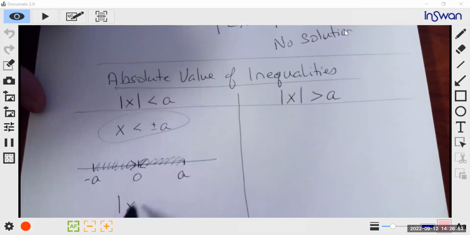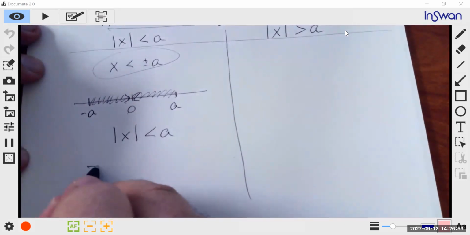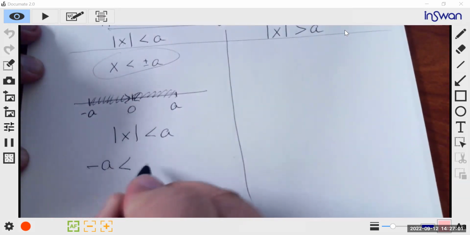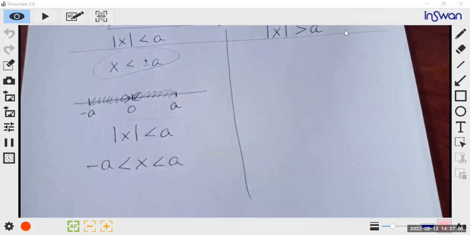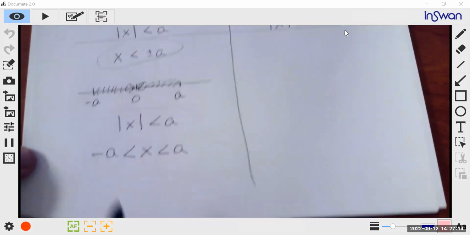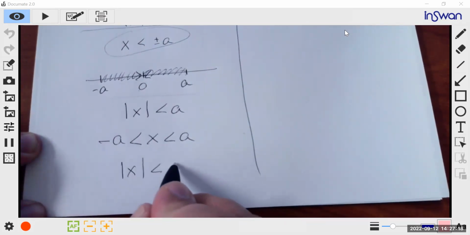So absolute value of x is less than a. When I drop the absolute values, it becomes negative a is less than x is less than a. That's what this means. Think of it this way. If I said absolute value of x is less than 8.